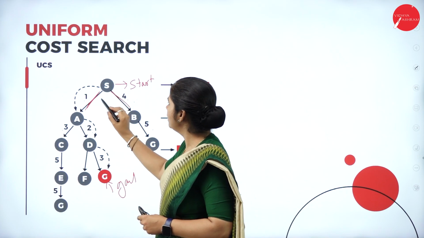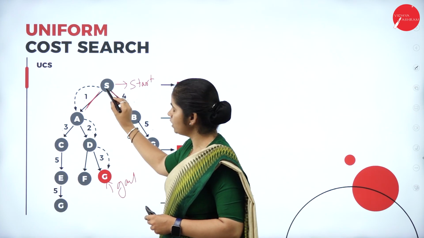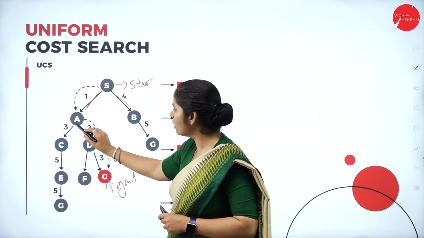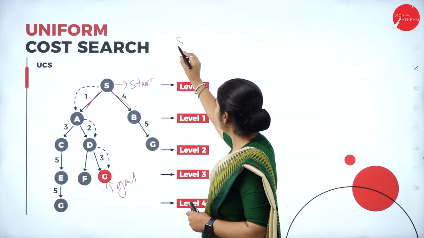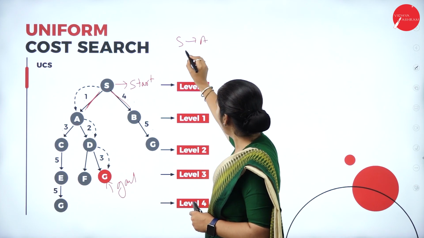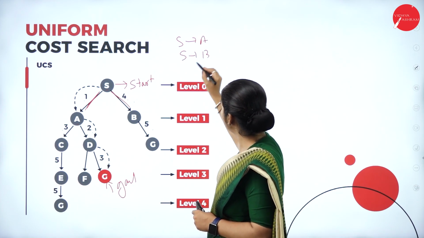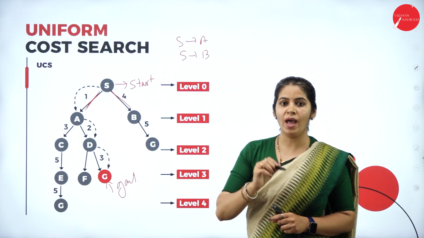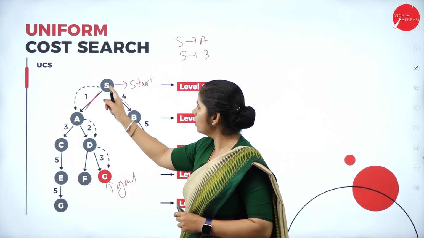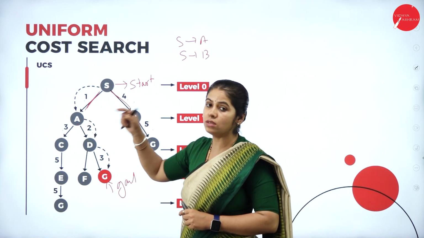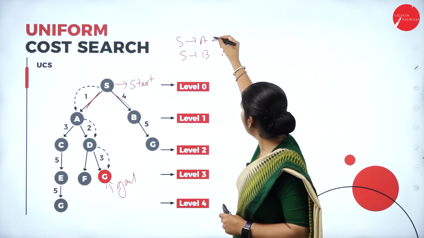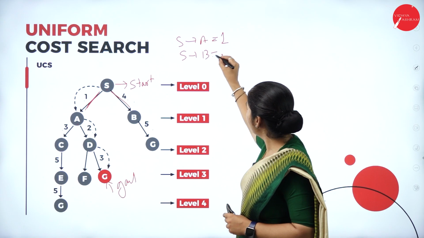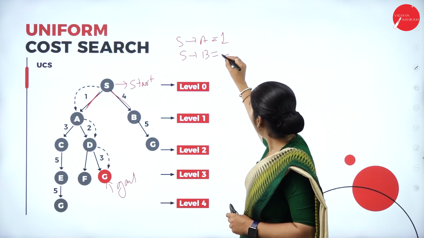If I follow this path, from the node S I can reach node A or I can reach node B. Here we have to check the cost of reaching from S to A and the cost of reaching from S to B. The cost of reaching from S to A is 1. The cost of reaching from S to B is 4, right?